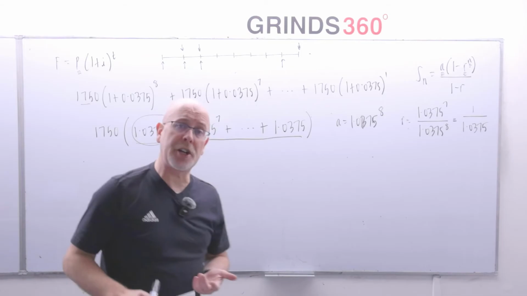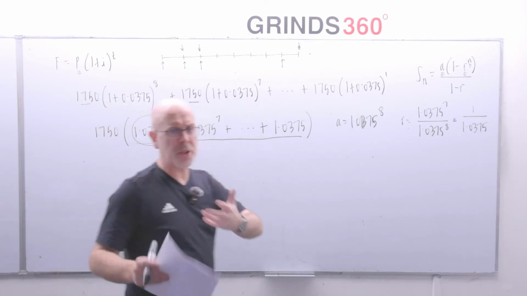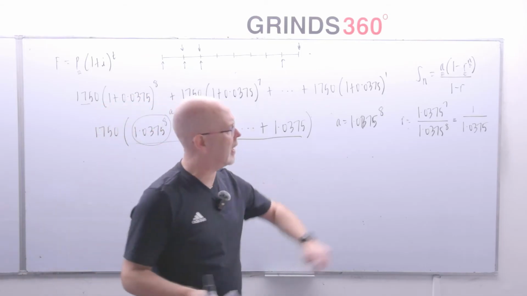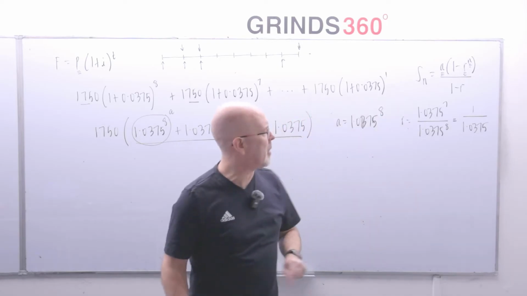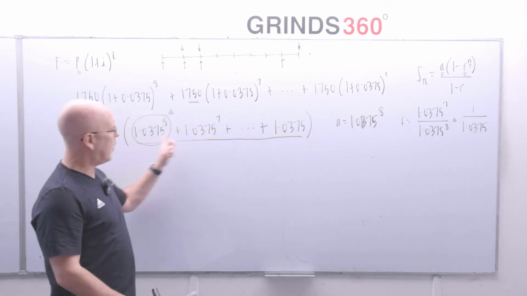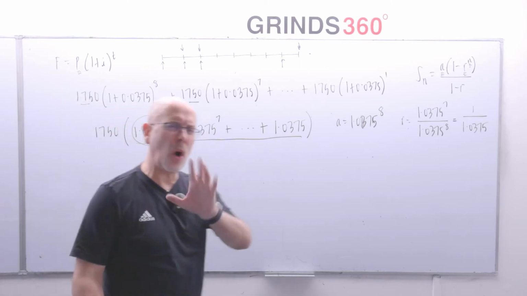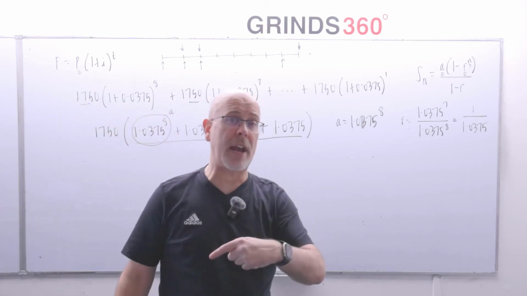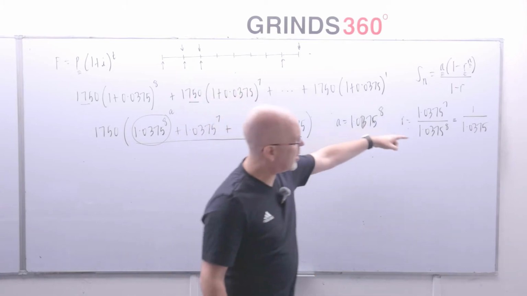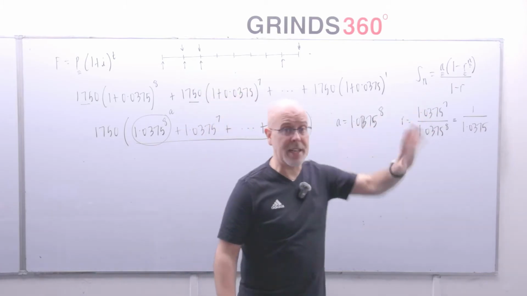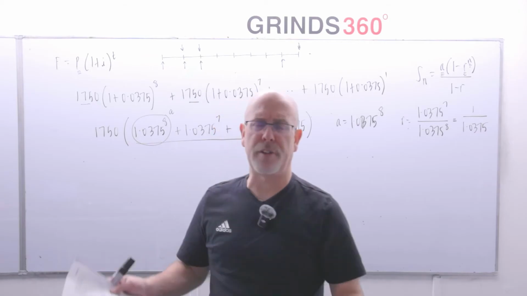It just saves you reaching for your calculator. If you don't trust yourself to do the cancelling correctly, if you put that into your calculator, 1.0375 to the power of 7, the second number, divided by the first one, your calculator will give you a whole number fraction, 80 over 83. That's perfectly fine as well. So you can either do that division there using your calculator, or you can do it by hand. I do it by hand because I don't want to break my flow.